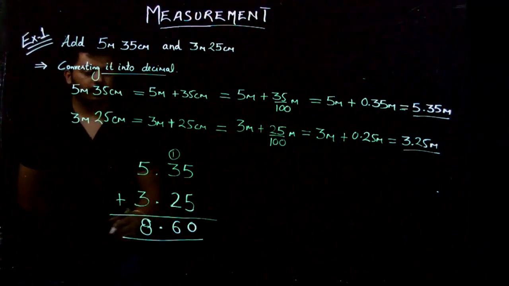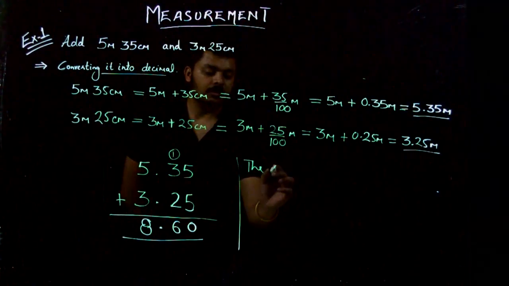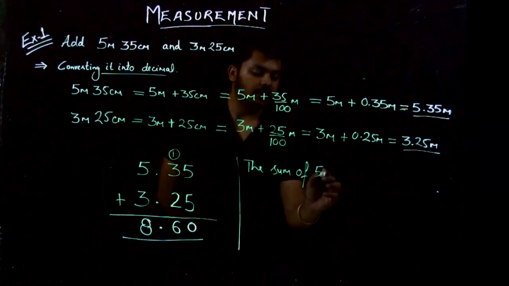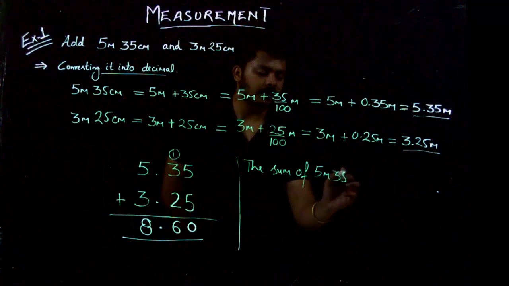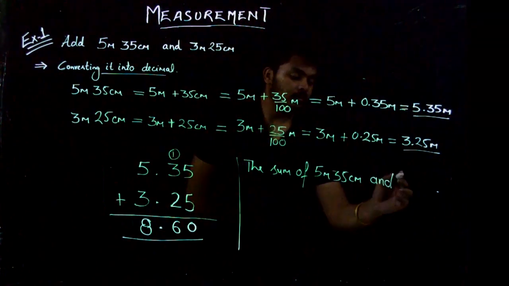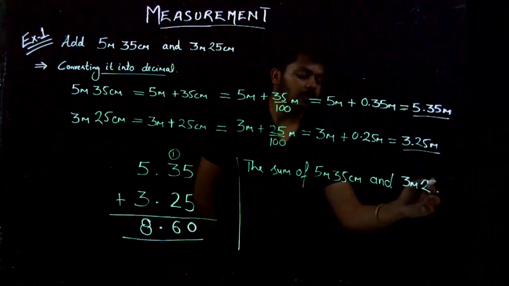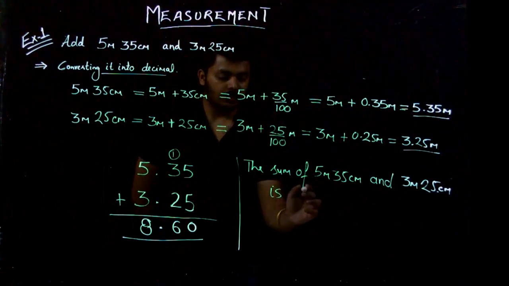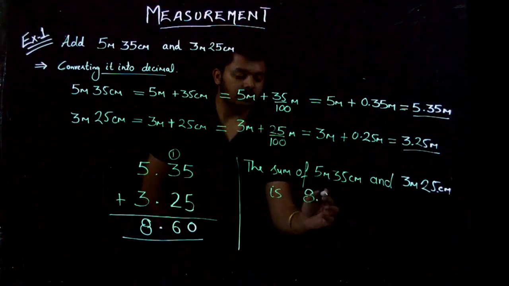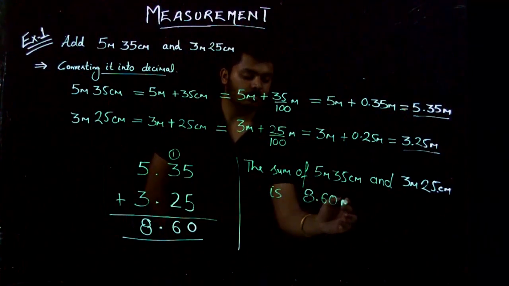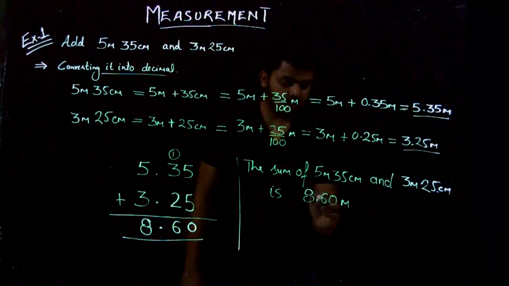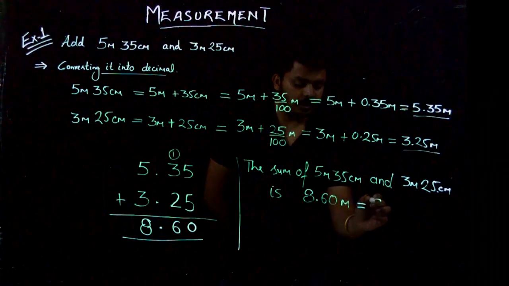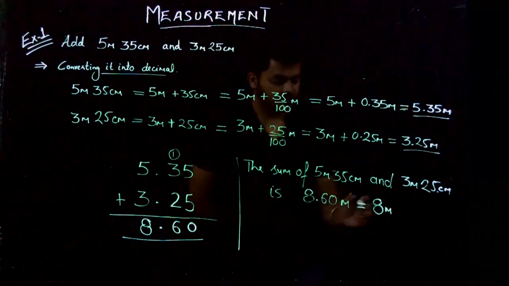So we can say the sum of 5 meter 35 centimeter and 3 meter 25 centimeter is 8.60 meter.